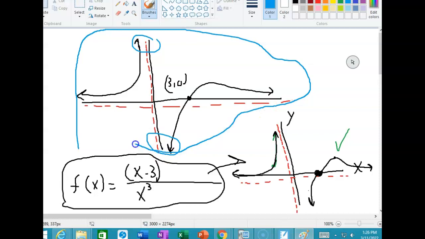You have to be able to go the opposite way from here to here. Really, the first step for that is to identify the x-intercepts, the horizontal asymptotes, et cetera, and you should be able to write them down in the function.